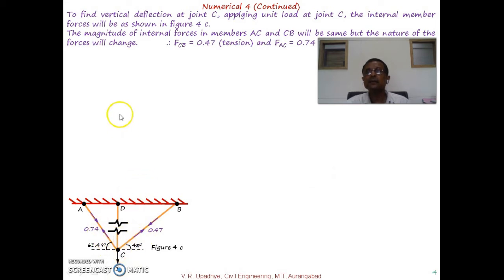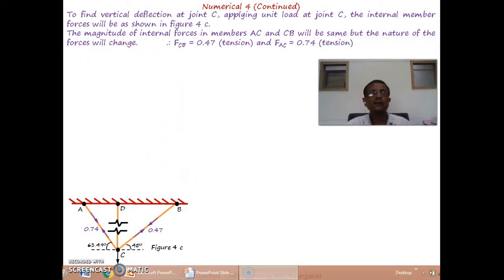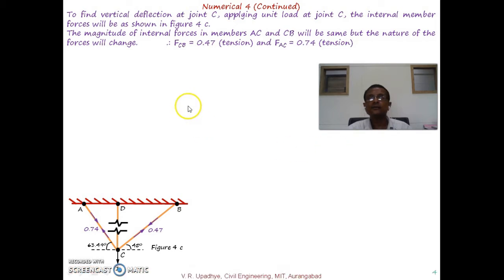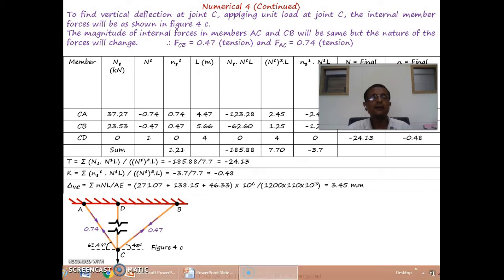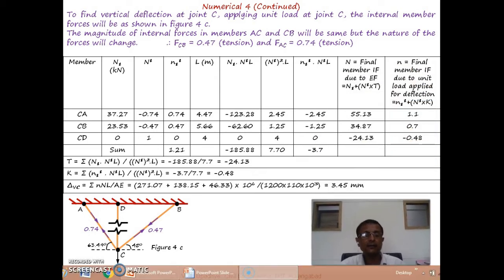So the magnitude of internal forces in member AC and CB will be the same, but the nature of the forces will change. Okay, because earlier this force was unit load applied vertically upward. So these two forces, internal member forces FAC and FBC, were compressive. Now it becomes tensile.